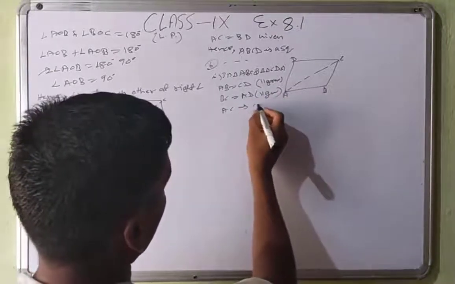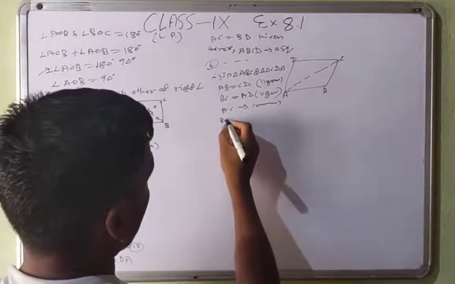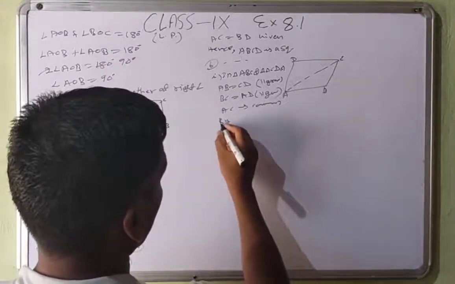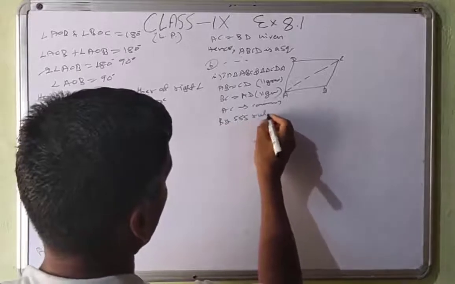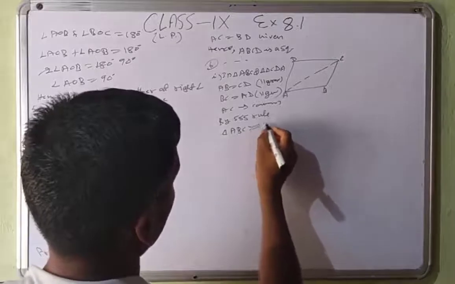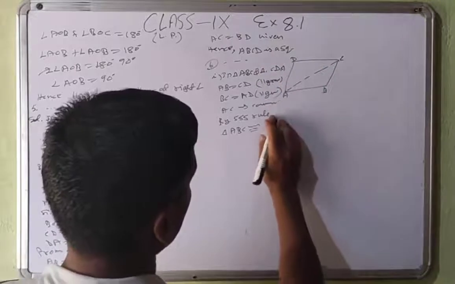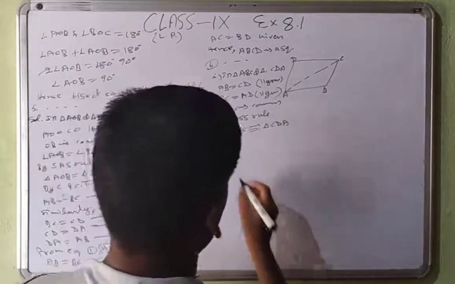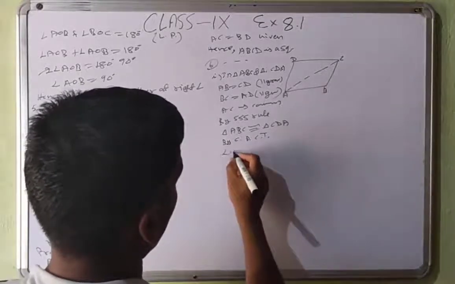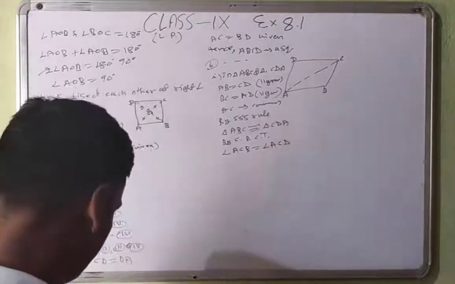AC is common. So by SSS congruence rule, triangle ABC is congruent to triangle CDA. By CPCT, angle ACB is equal to angle ACD. First thing we have proved now.